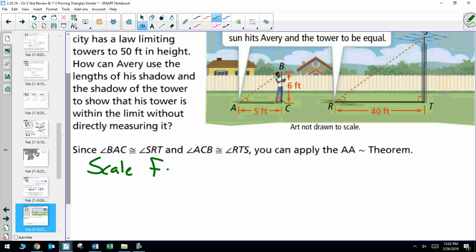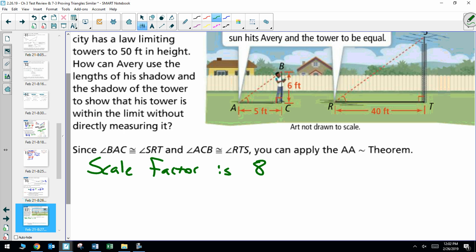So scale factor is 8. So there's two ways of doing this problem. You can find out what the scale factor is, and then think about how you would apply that scale factor. So how would I apply the scale factor? If I'm multiplying by a factor of 8, how can I use that information to find out what the length of this tower is?